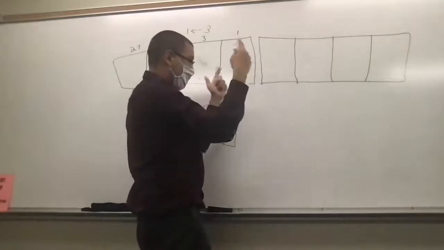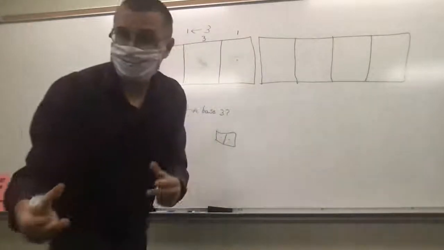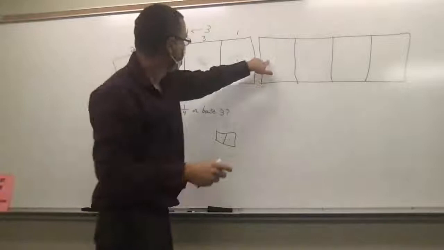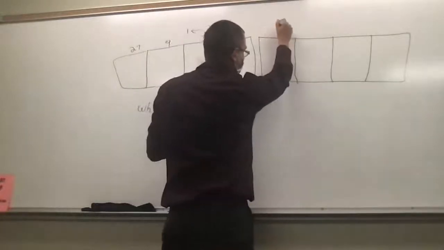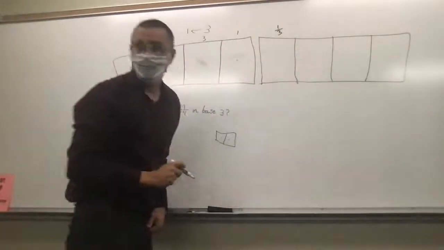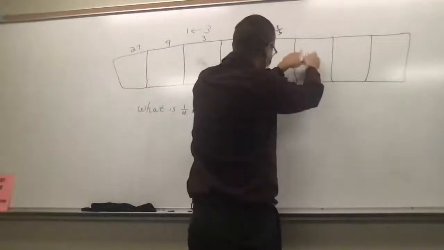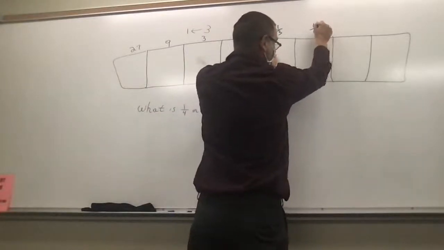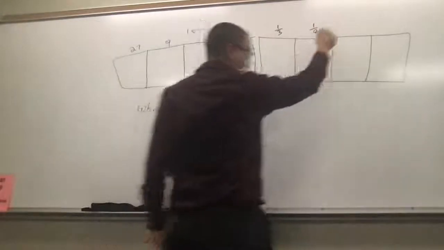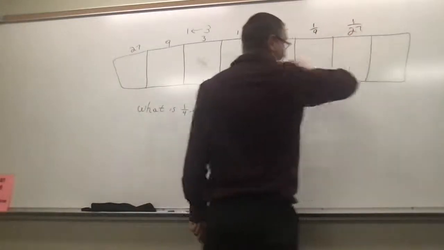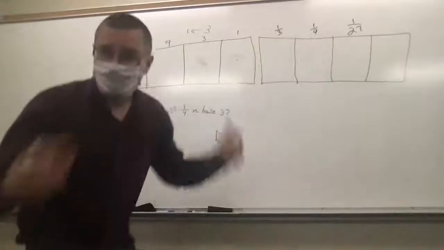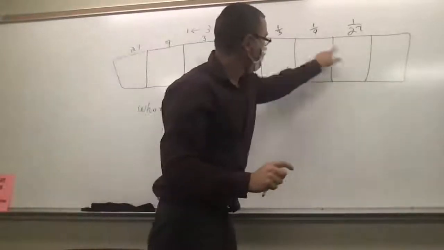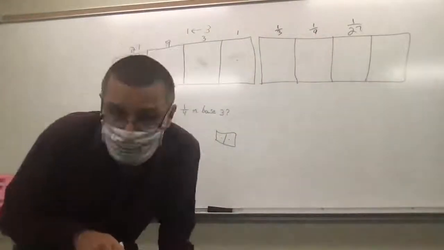Well, 3 1/3s would make 1. So this box would have to be worth 1/3. And then, 3 of what make 1/3? That has to be 1/9, right? And then 3 of what make 1/9? That's 1/27. We see that our boxes are still the powers of 3, but now they're reciprocal. Powers of 3 going to the right.